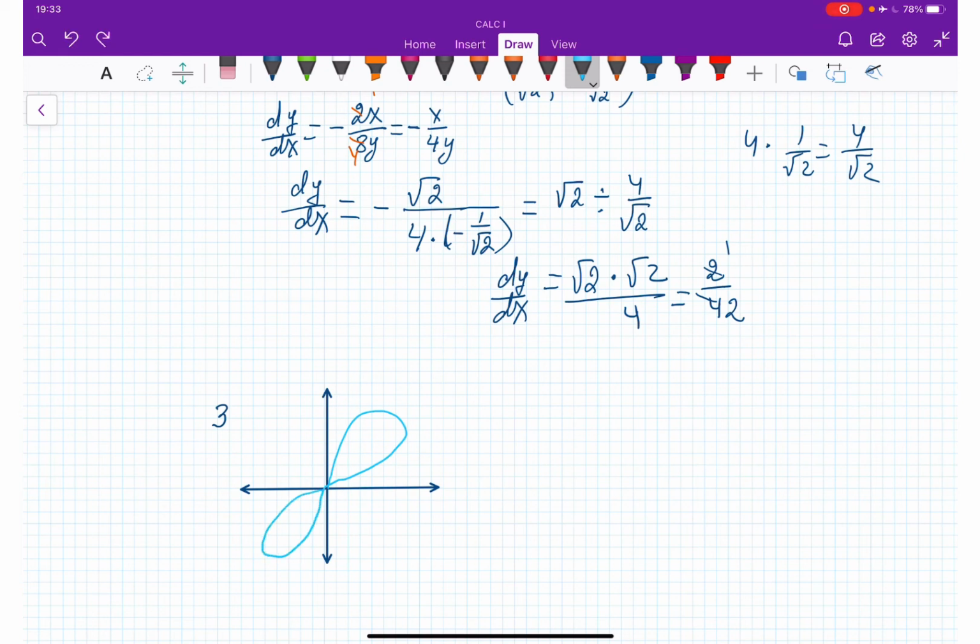It's not symmetric. Well, hold on, let me try one more time. Yeah, approximately. Everybody use your imagination.